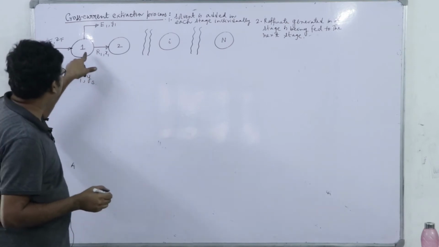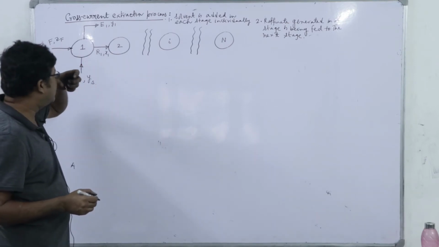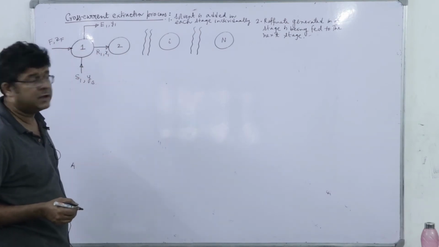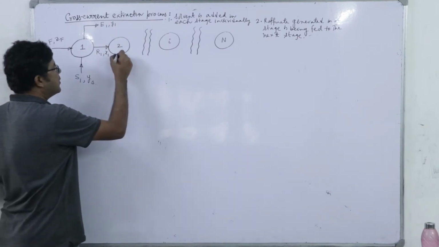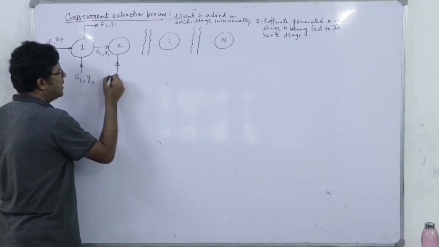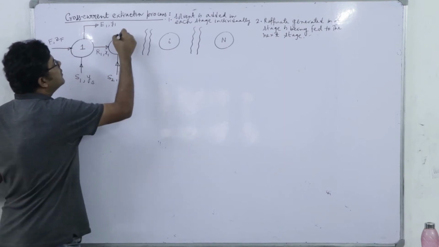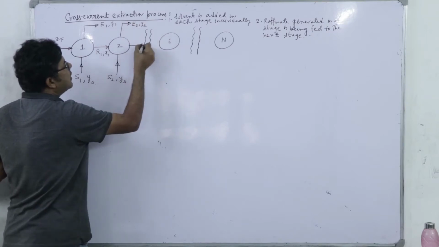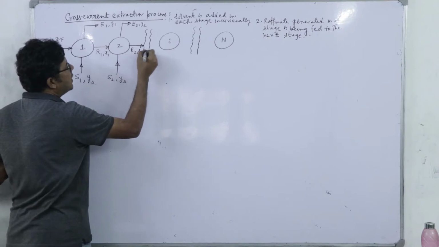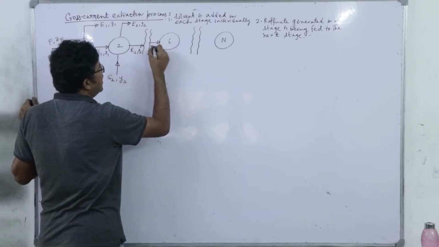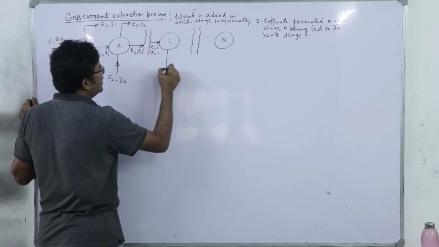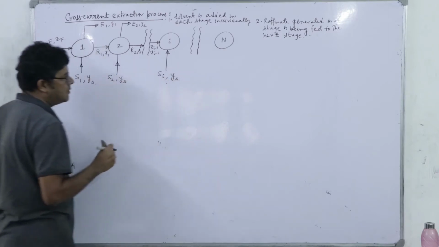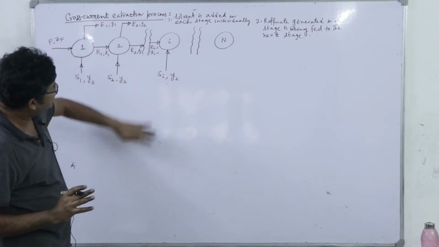Just like the raffinate generated in stage 1 is fed to stage 2, this is the source of the solute here, and we will further carry on the separation by adding solvent in each of the stages. So, here we get E2, Y2, and from stage 2 we generate the raffinate R2, X2. Here it is R(i-1), X(i-1), and we deliver the solvent at rate Si, composition remains the same YS, because the solvent is delivered from a common header.